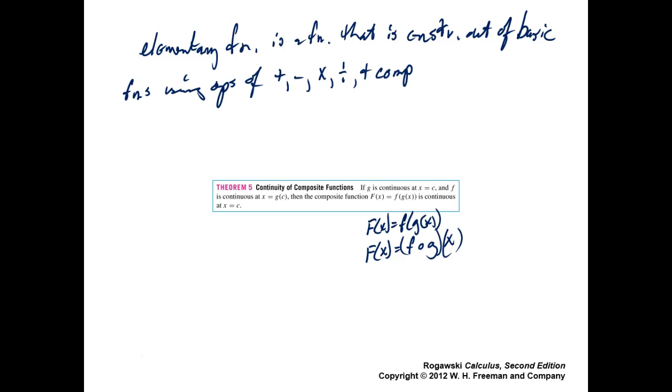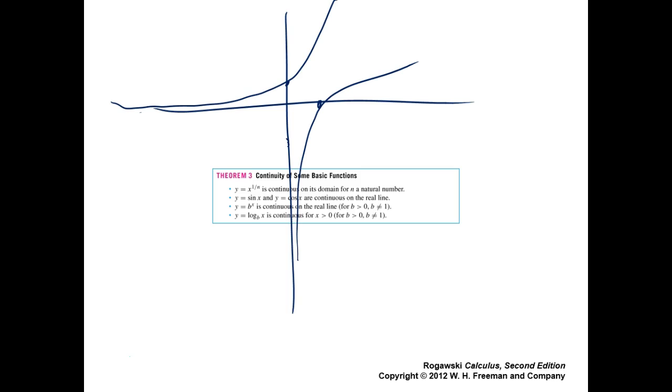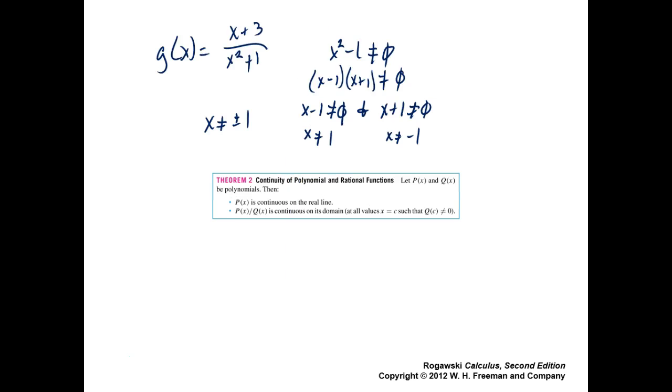So an elementary function is a function constructed out of basic functions using the operations of addition, subtraction, multiplication, division, and composition. And basically, we've just done them. Since the basic functions are continuous on their domains, and what are the basic functions? If you go back a few slides, continuity of some basic functions. Well, we had already hit polynomial and rational.